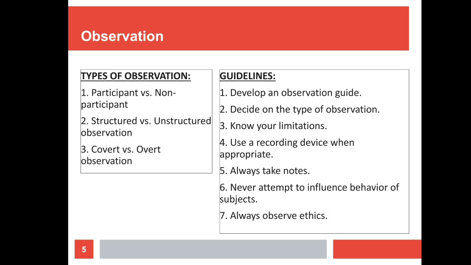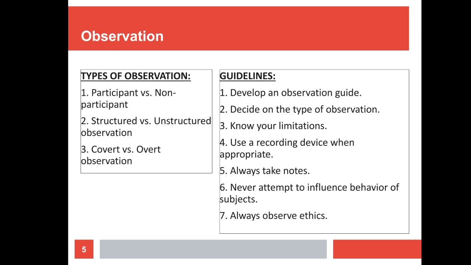Number six, never attempt to influence the behavior of subjects. This is one rule that an observer needs to follow and must follow. With a very non-participant type of observation, you should never influence the subjects so that they will not display certain behaviors that your research study doesn't need. With a very participant type of observation, you can interact with your subjects as long as you don't influence them.